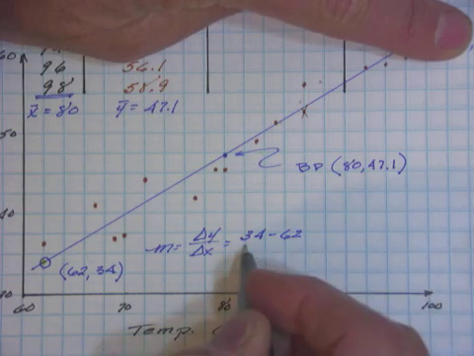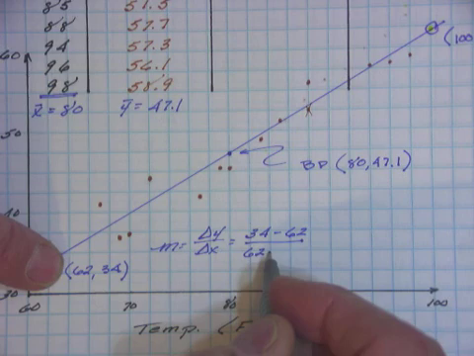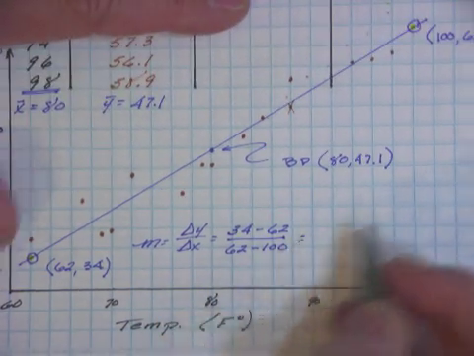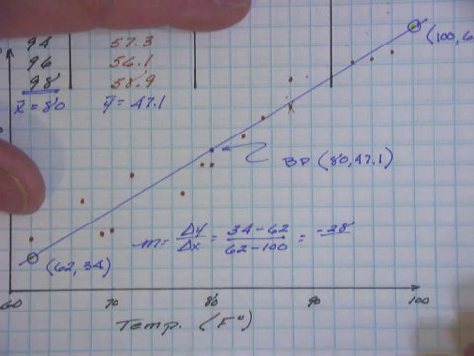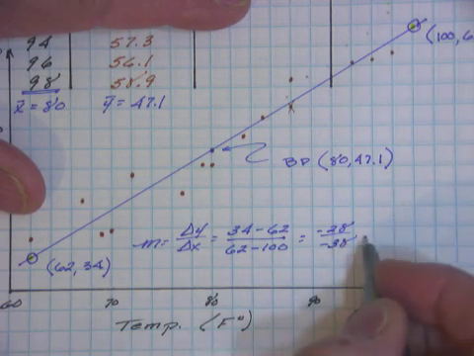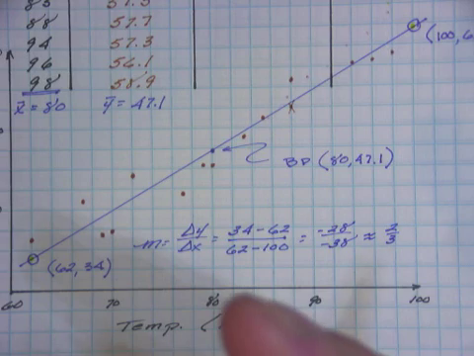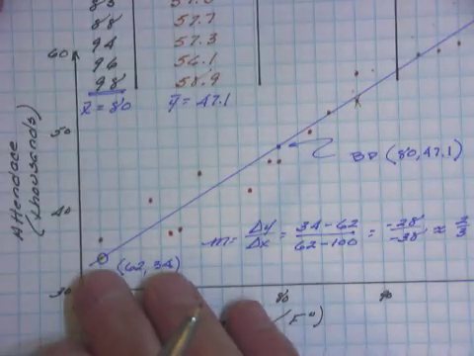So I'm going to go 34 minus 62, there's the change in the y's, over 62 minus 100, there's the change in the x's. So that gives me negative 28 over negative 38. And I'm just going to say, you know what, that's close enough to 2/3. It's going to be fine for what we're doing here.